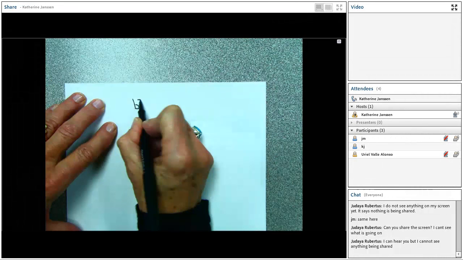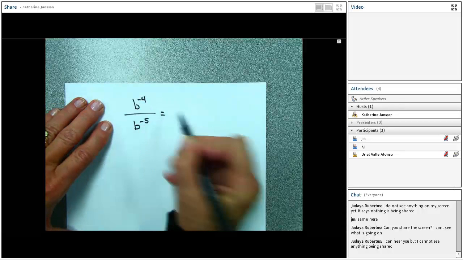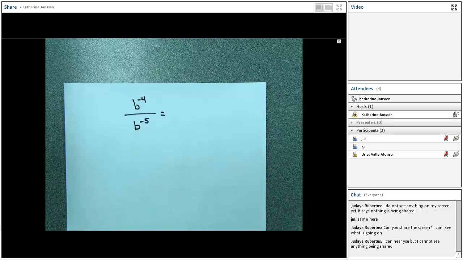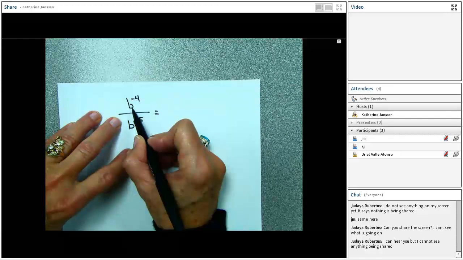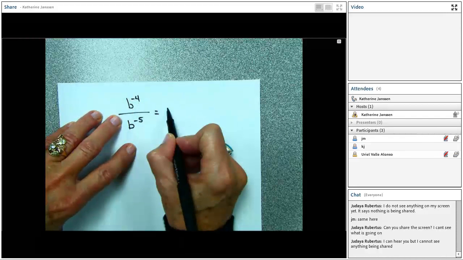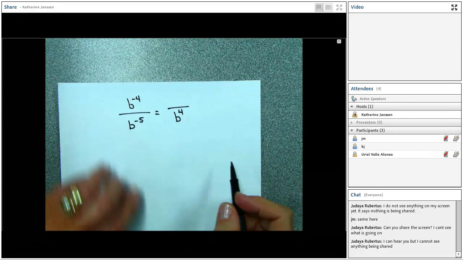Then b to the negative 4th over b to the negative 5th. I have division using exponents, and I see that I have the same base in the numerator and the denominator. But this is b to a negative 4, so I'm going to take that base to the denominator and change the sign of the exponent.